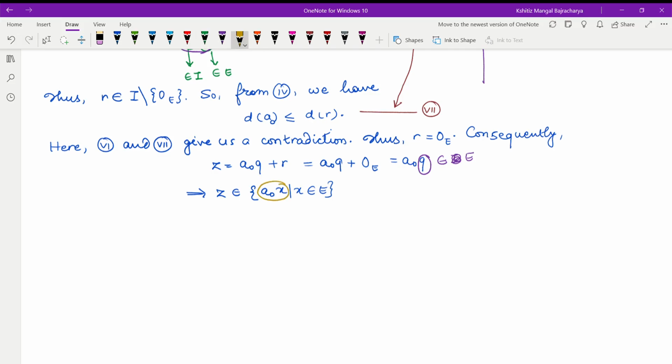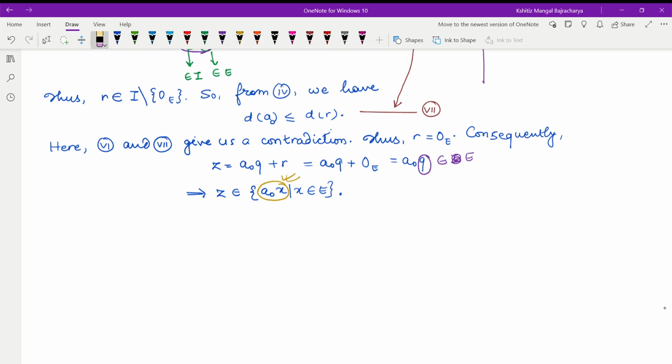In both cases, if z is equal to 0, then also z belongs to this set, and if z is not equal to 0, still z belongs to this set. Therefore, if z is any element of I, then z should be in this set, whether it's 0 or non-zero.